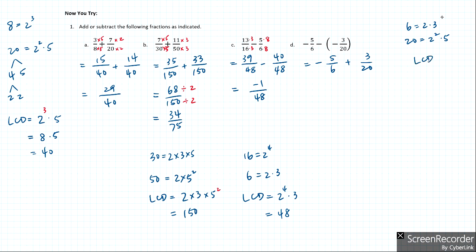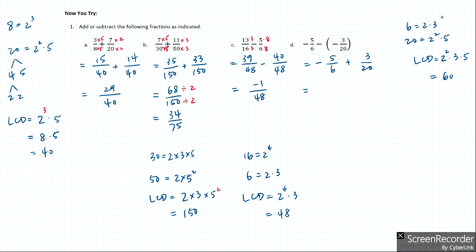That tells me the LCD is going to be 2 squared, because that's the highest degree of 2 in factorization, times 3, that showed up once, times 5, that showed up once. And altogether, we have 4 times 3, which is 12. 12 times 5 is going to be 60.